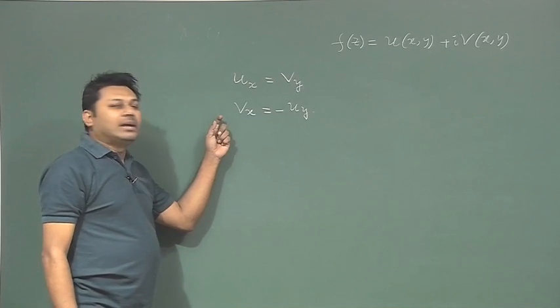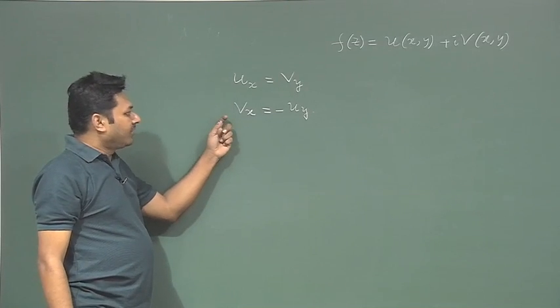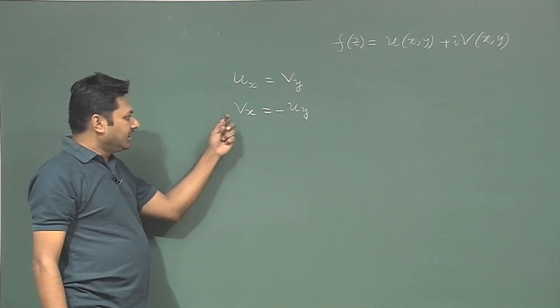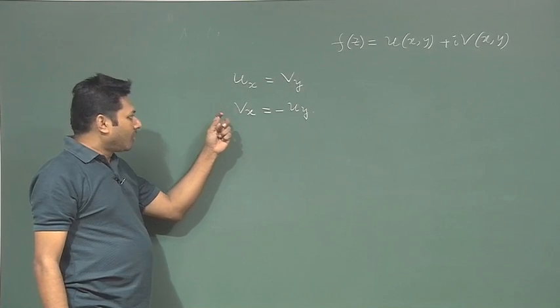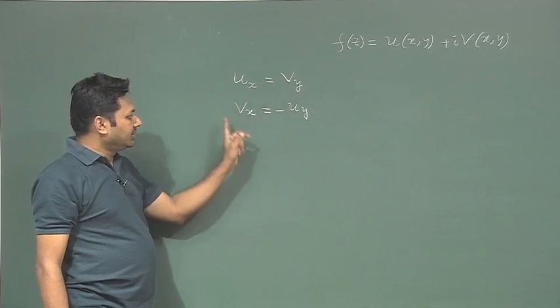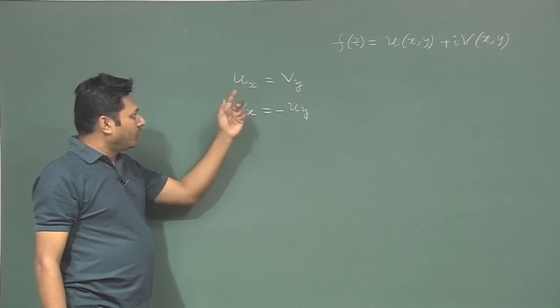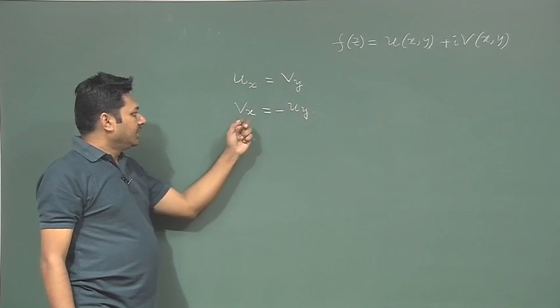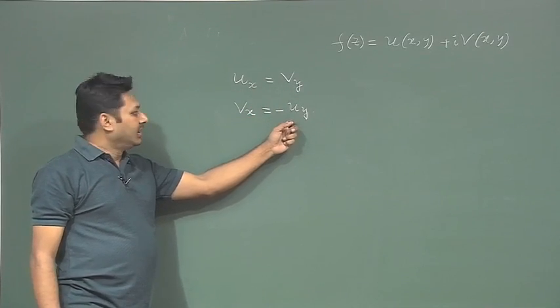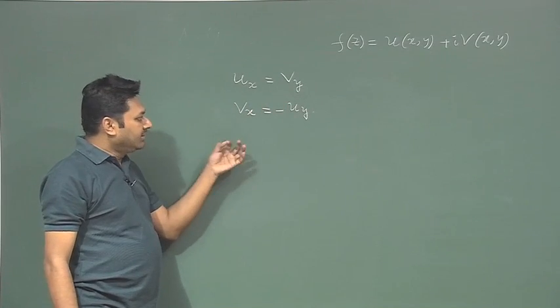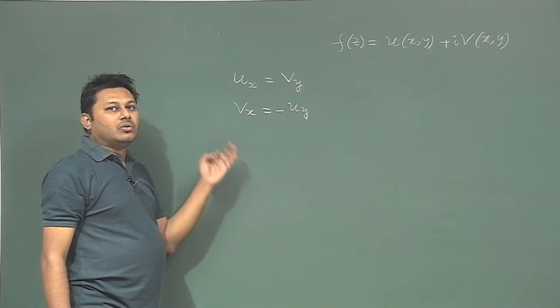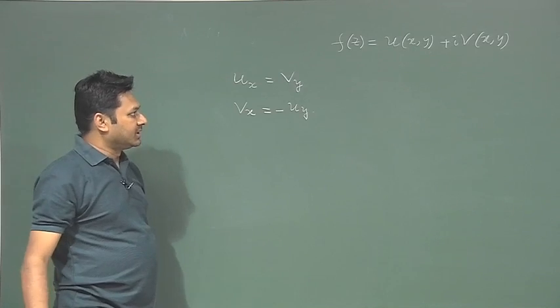These two equations are simultaneously satisfied if the function is analytic, and also these four quantities u x, u y, v x, v y have to be continuous in some domain. This is a sufficient condition.